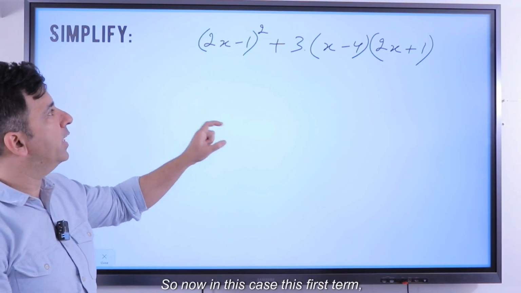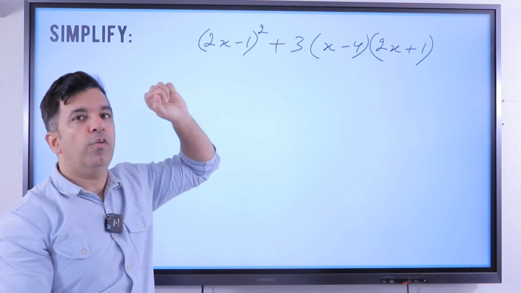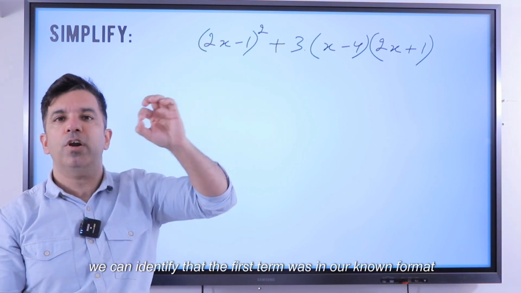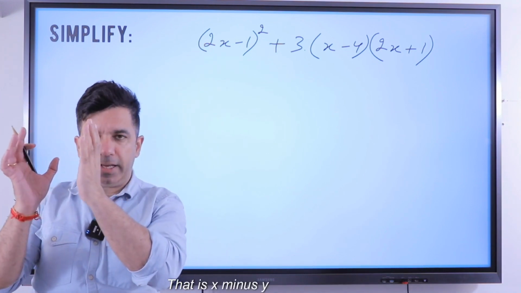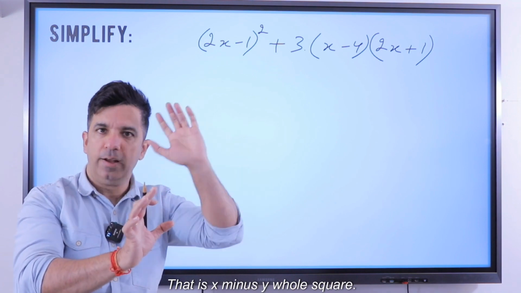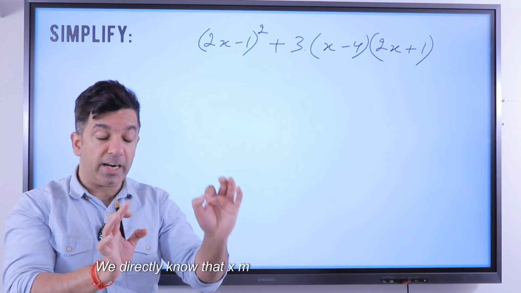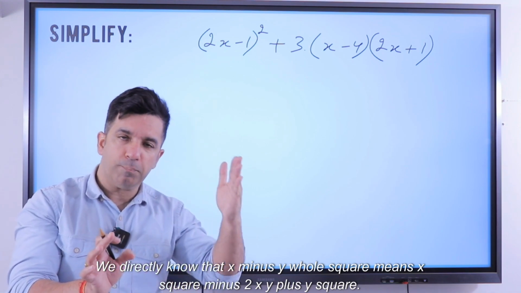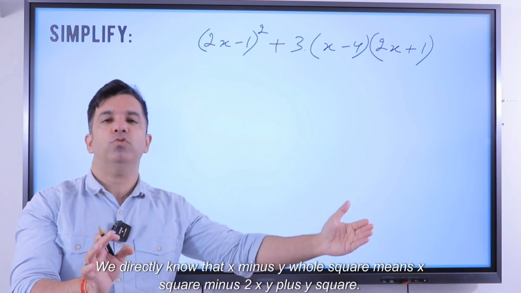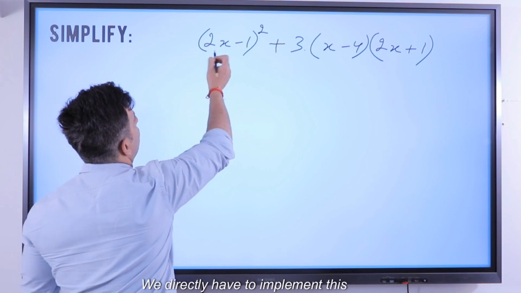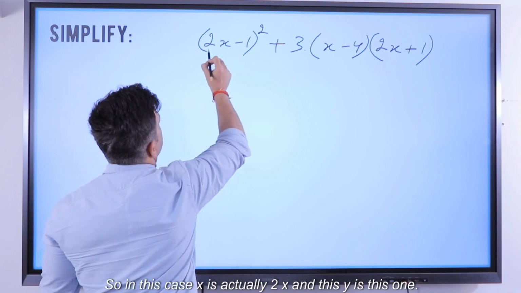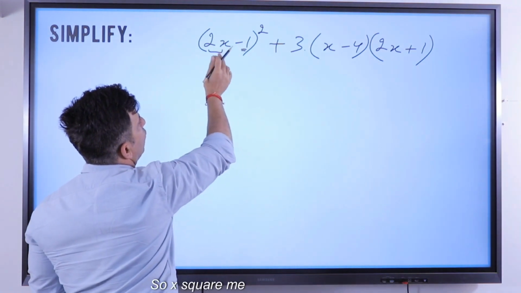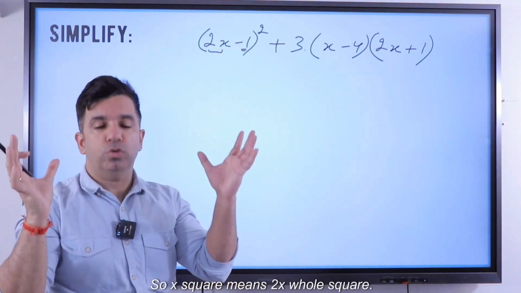Now in this case, we can identify that this first term is in our known format, that is (x minus y) whole square. We directly know that (x minus y) whole square means x square minus 2xy plus y square. We directly have to implement this logic. So in this case, x is actually 2x and y is 1. So x square means (2x) whole square.